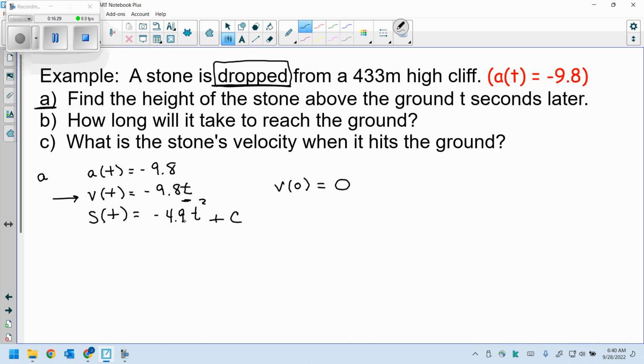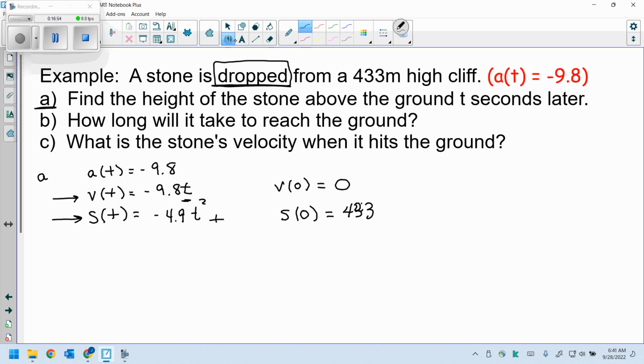Are we given any position information? Well, I think we are given position information, that the position at a time of 0 is 433. We are 433 above the bottom of the cliff, meaning that our constant is going to have to be 433.